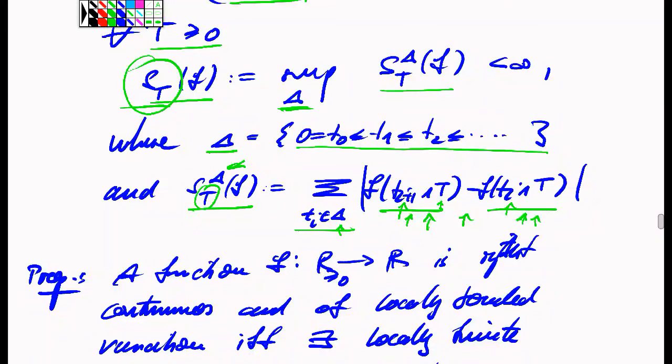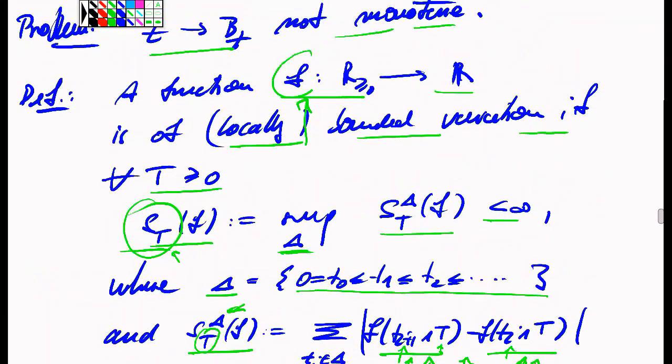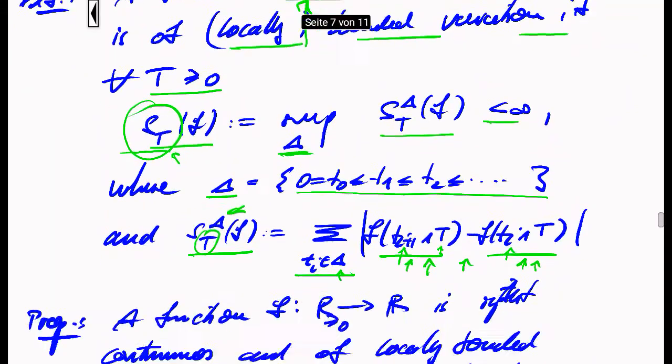Now, if this supremum for all possible partitions is finite for all possible non-negative times t, then I say that this function f is of finite local bounded variation, or just say it's of bounded variation.